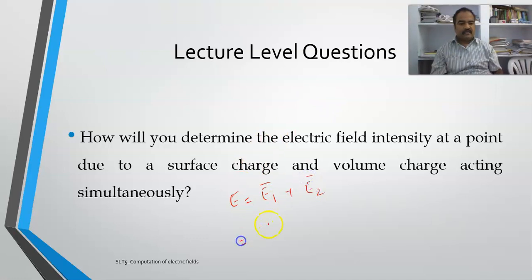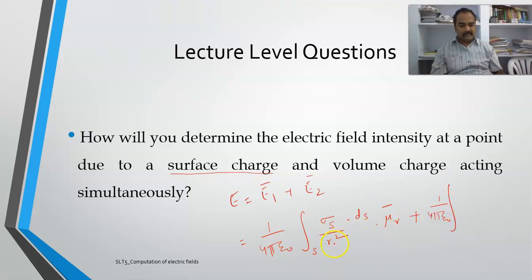For E1 bar, since it is due to the surface charge, I will get 1 by 4 pi epsilon naught, integral over the surface. If it is a surface charge, I will get a surface charge density, so rho s into dS by r square, into UR1.